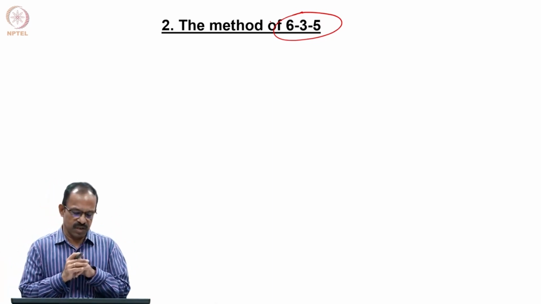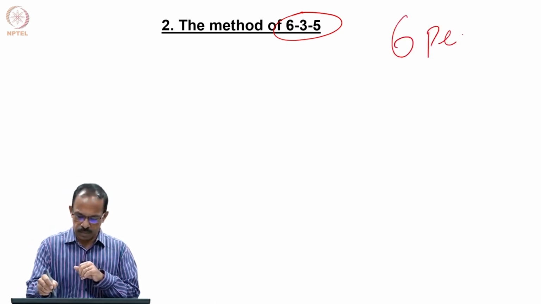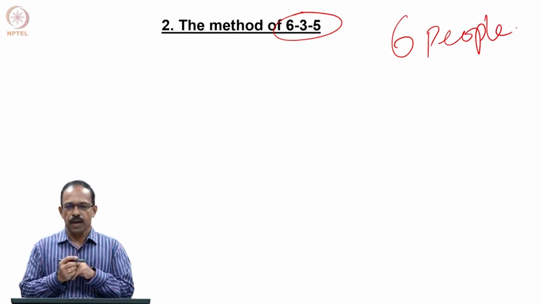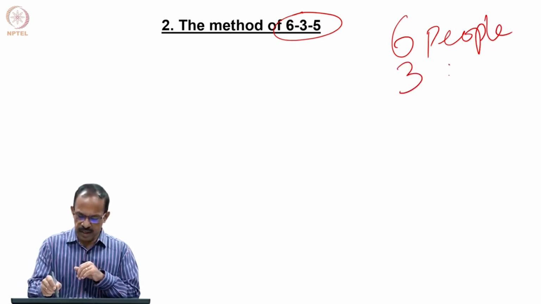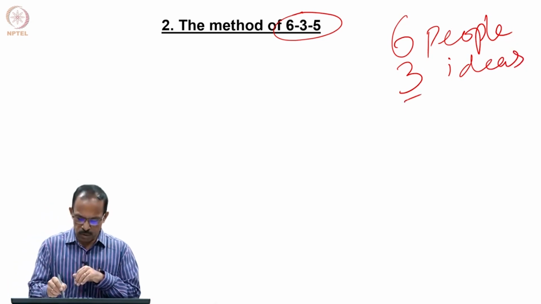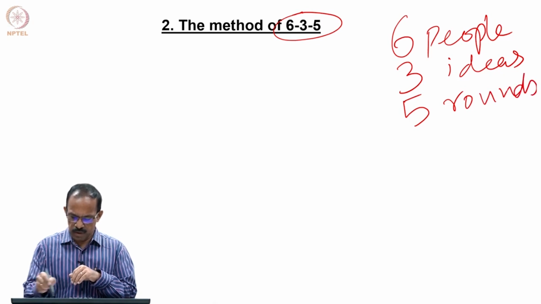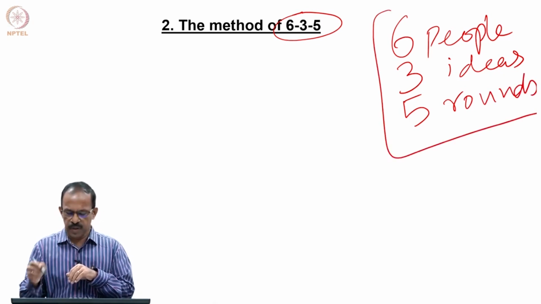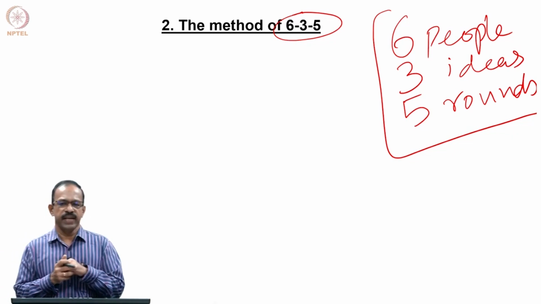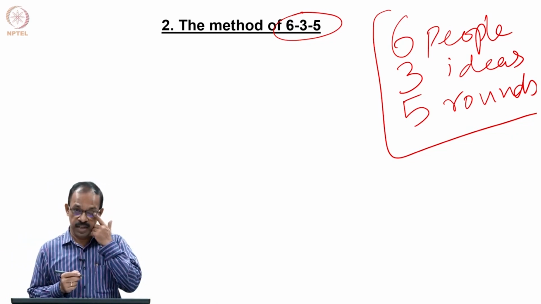So, what is 635? 635 stands for 6 people, each one giving 3 ideas, and 5 rounds of idea generation. So, you have 6 people, 3 ideas and 5 rounds. So, that is the 635 method of idea generation.